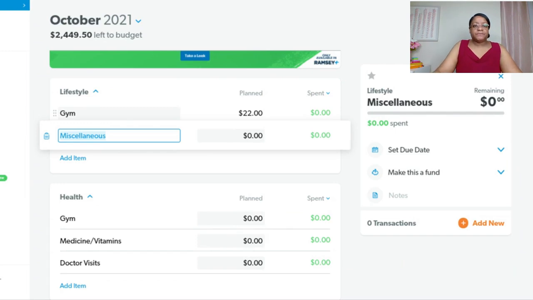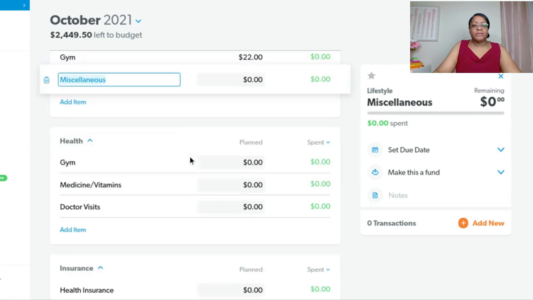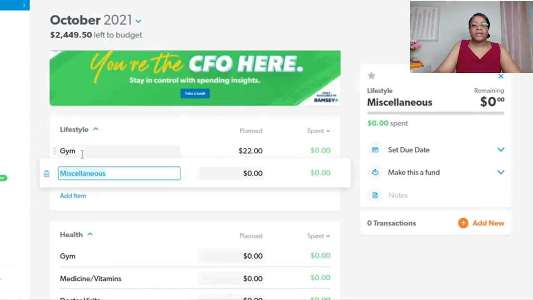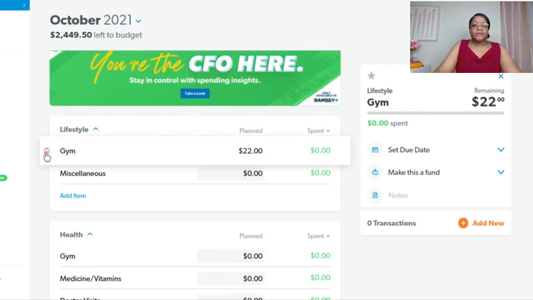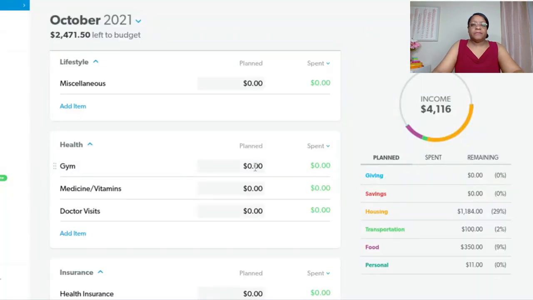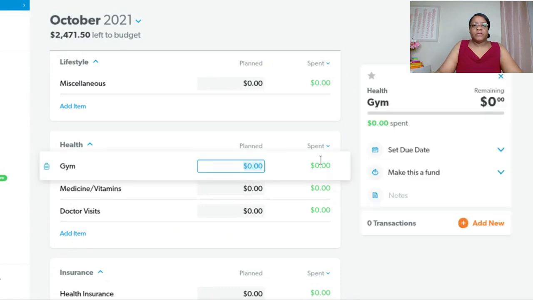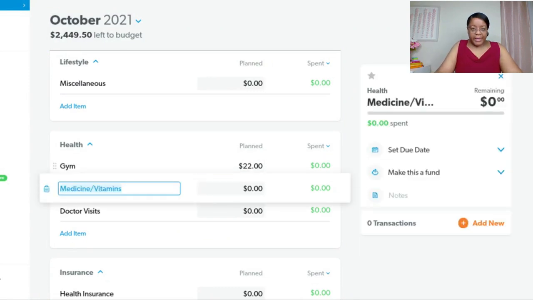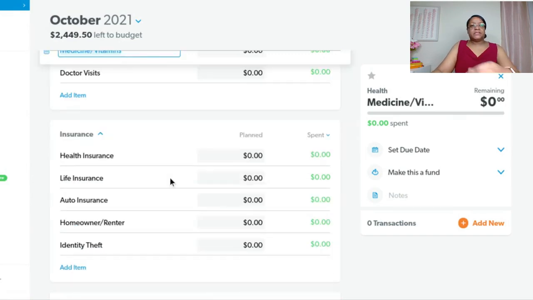They have a health category. They mustn't have had this back then. So I'm going to get rid of this one, because they have a gym right here and health down here. I might come back to miscellaneous, so that's why I didn't get rid of it. I have to see what I have in my paper budget that's not here.